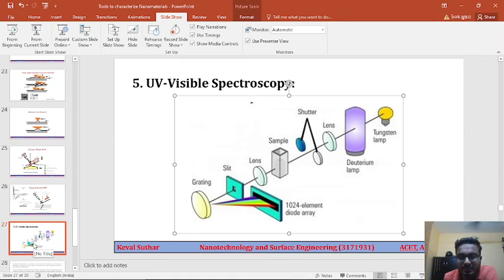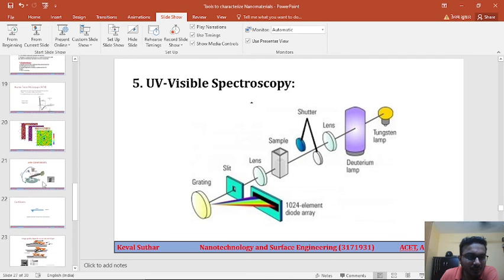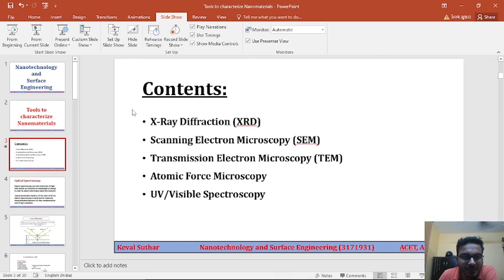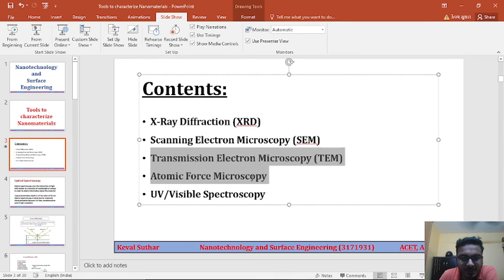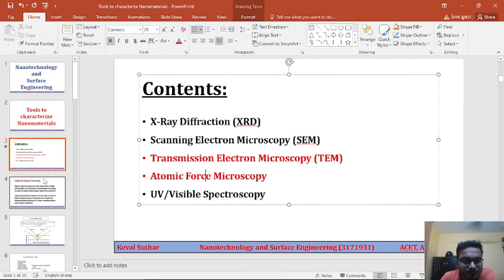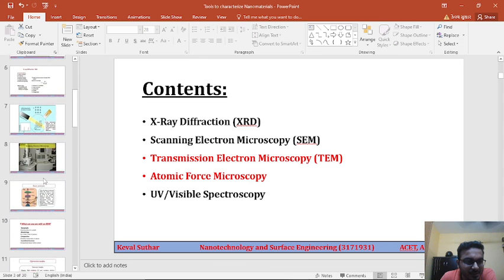So let's quickly revise what exactly we have done in today's class. Today we have discussed these two methods, that is transmission electron microscopy, also known as TEM, and the second one is atomic force microscopy.